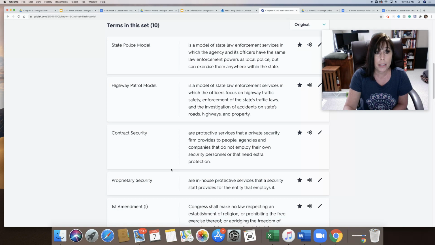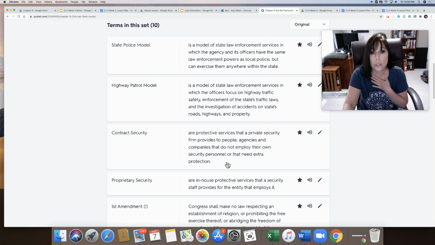And then your second two words, contract security and proprietary security. So contract security are protective services that a private security firm provides to people, agencies, and companies that do not employ their own security personnel or that need extra protection.